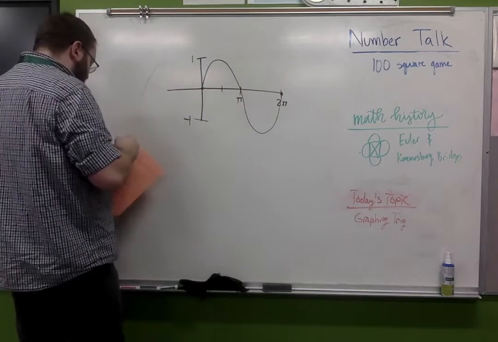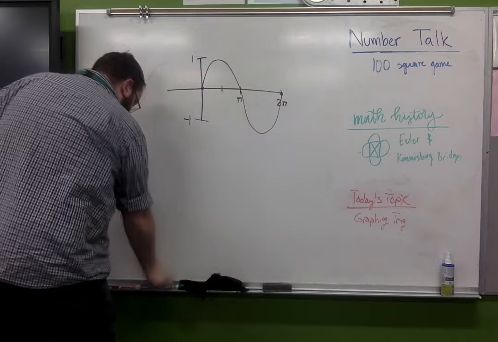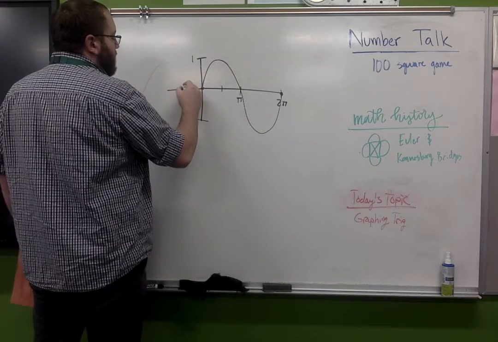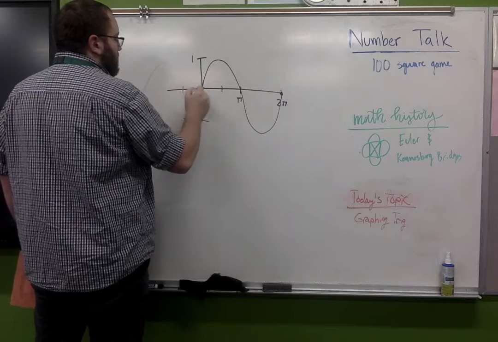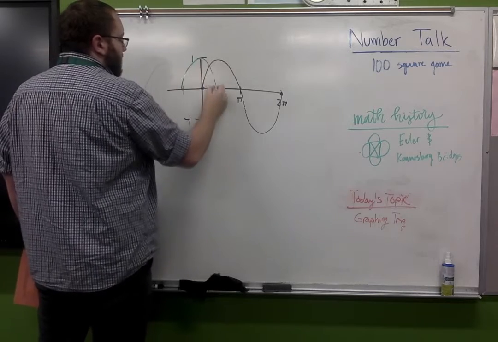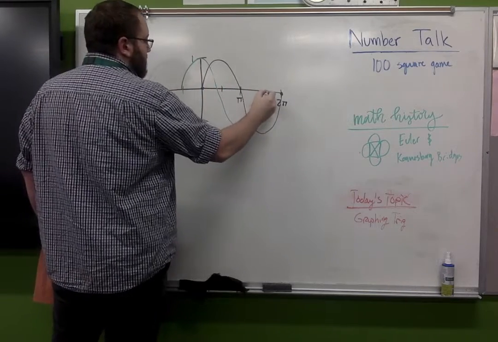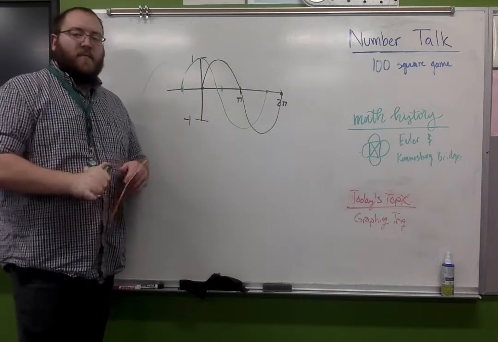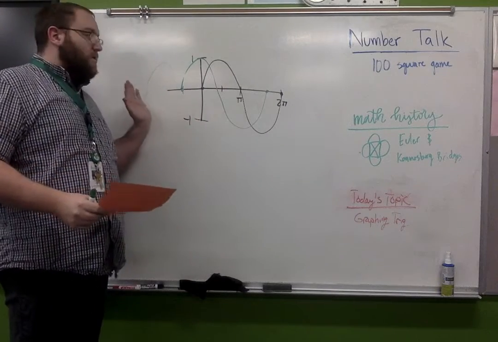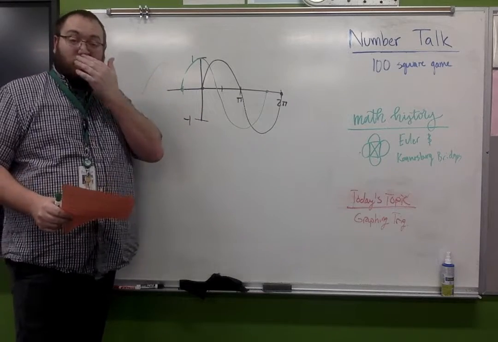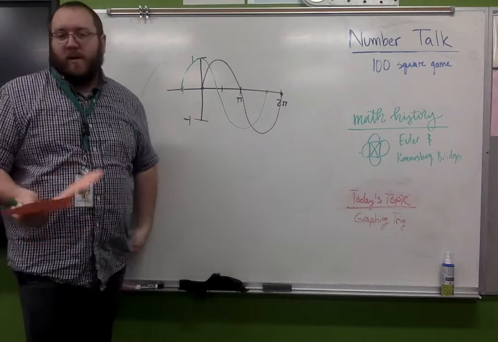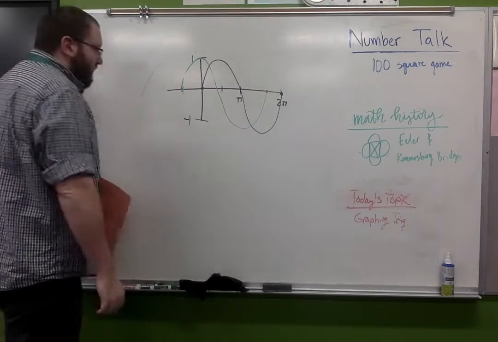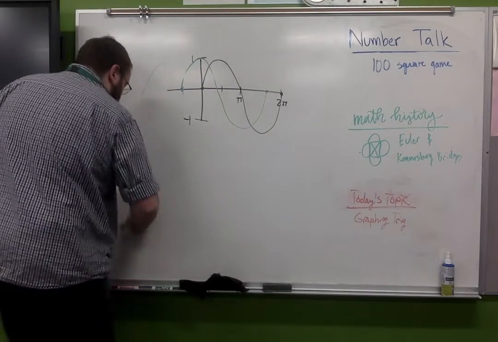If I do a phase shift, it's a horizontal shift. So I could move all of my points over and kind of be like that. Notice it's the exact same shape of the graph, but I've moved the graph over. I can also move it right. So notice that cosine and sine are phase shifts of each other, pi over 2. That's what a phase shift is. Oh, sorry, I didn't write the definition down.